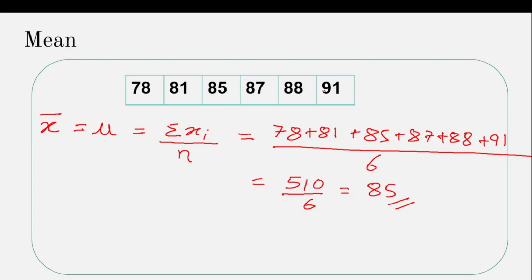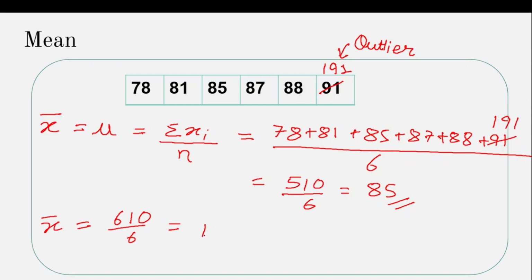Now let us say, while entering the data, this 91 was entered as 191. We can clearly see that the number 191 is way greater than any of the numbers in the distribution. So I term this number an outlier. Now if I calculate my mean again, replacing 91 by 191, the new mean will become 610 divided by 6, which is equal to 101.67.